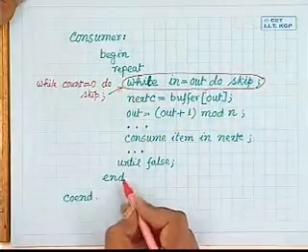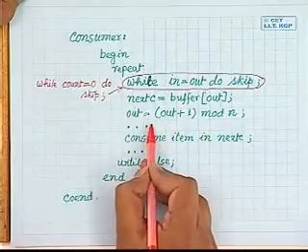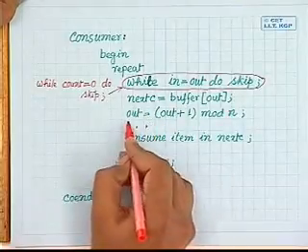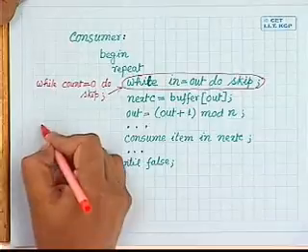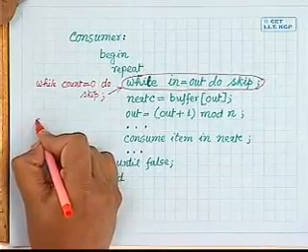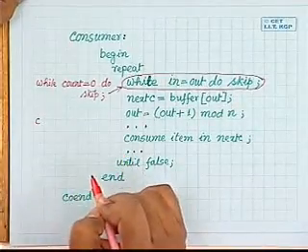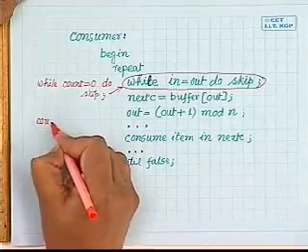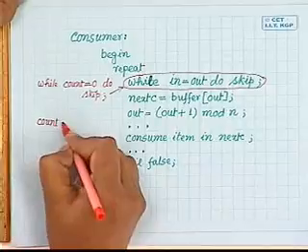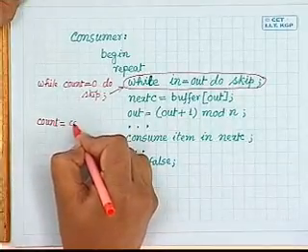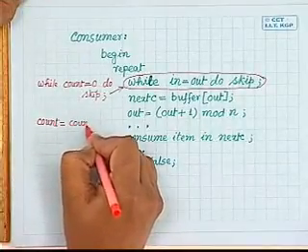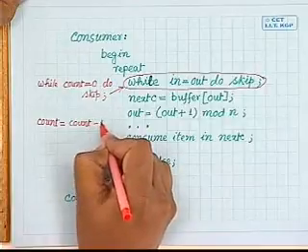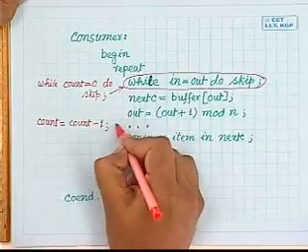Then the others will remain as they are. And the additional statement we have to insert is, because now the consumer is consuming an item from the buffer, it has to decrement the value of the count. So it has to make count equal to count minus 1. This statement has to be inserted here.